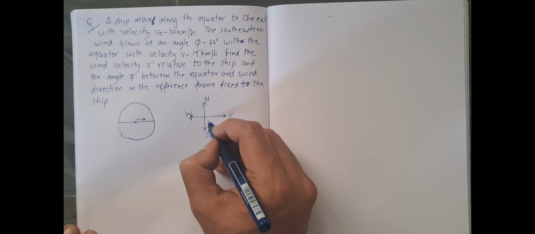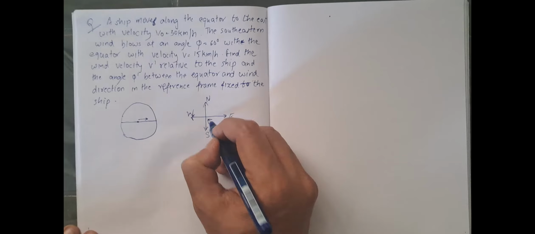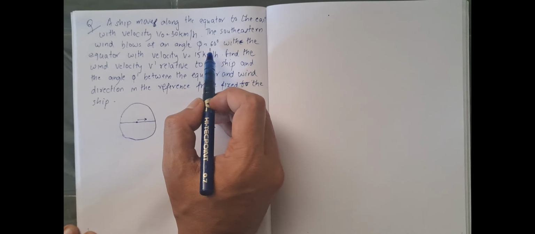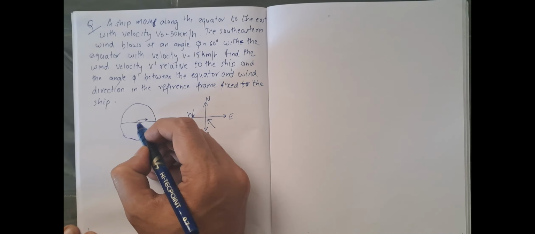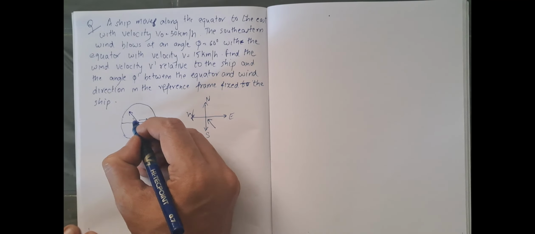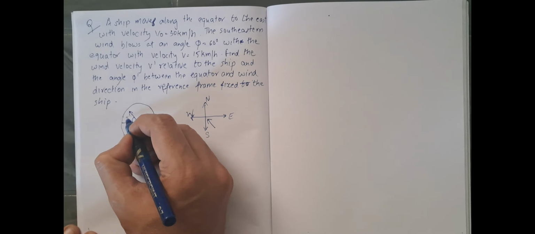So the direction of the wind is like this. And it also says that the wind blows at an angle of 60 degree with the equator. The wind is like this, and the angle that the wind makes with the equator is 60 degrees.